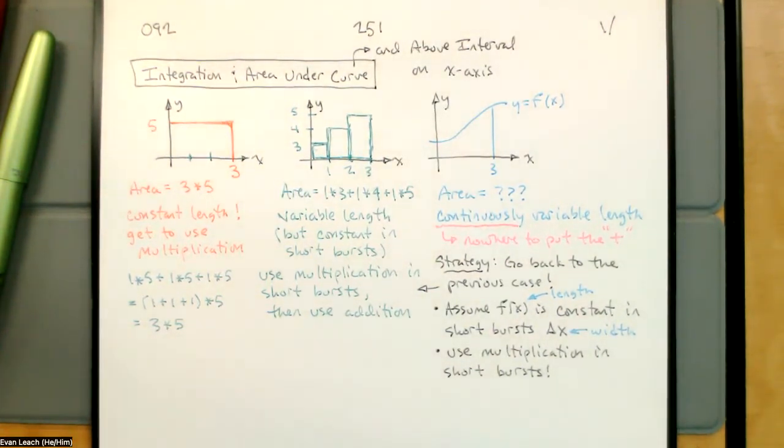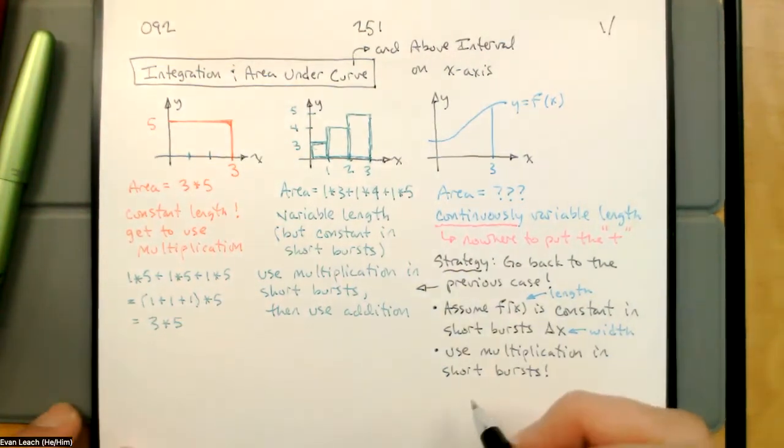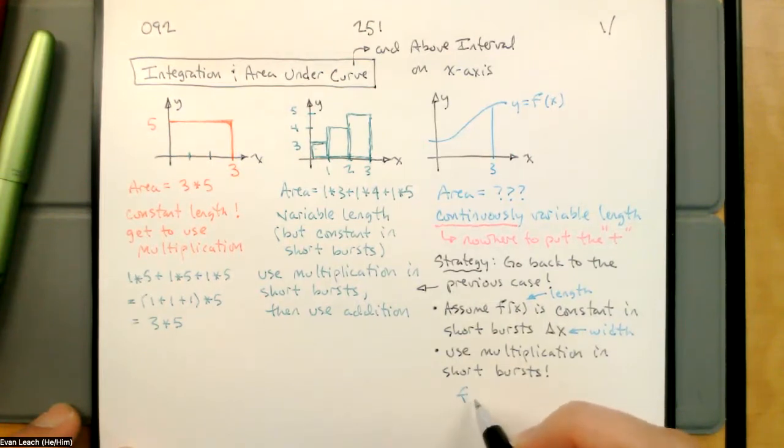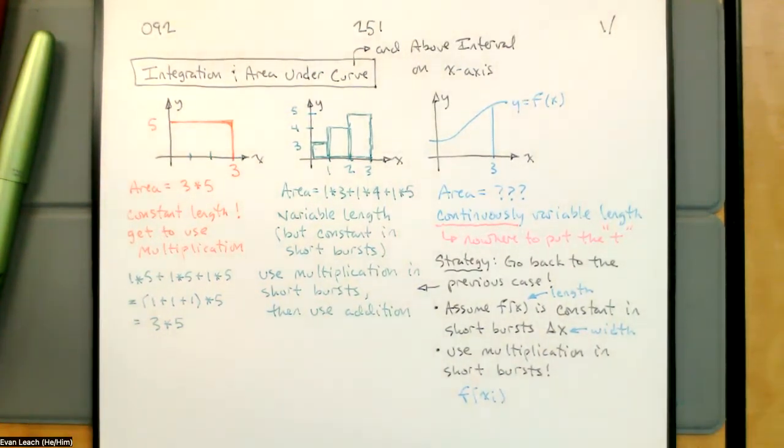So then we're going to use multiplication in short bursts. Our length is going to be f evaluated at some x. Note that I'm writing x with a subscript of i. I'm going to use a bunch of short bursts, so there's going to be an x1, an x2, an x3. These are the places we're evaluating the function. That's where we're going to make them flat on top.